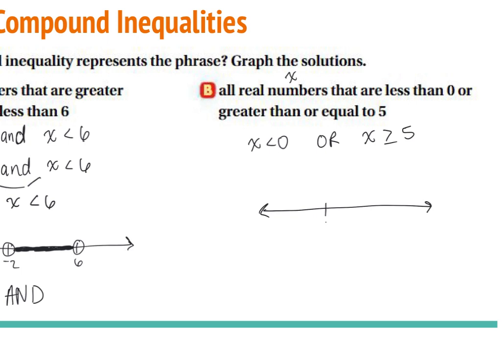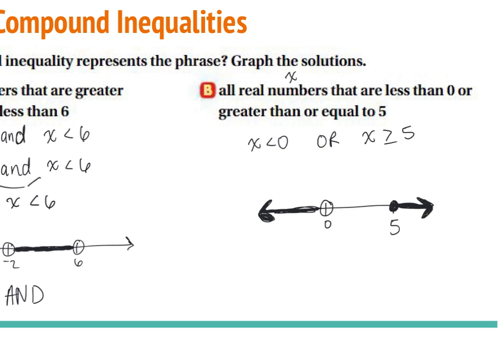Here is 0, here is 5, closed circle at 5, open circle at 0. X has to be less than 0, so we shade toward the outside. Remember or. And then 5, same thing: x has to be greater than or equal to 5, so we shade in this direction.